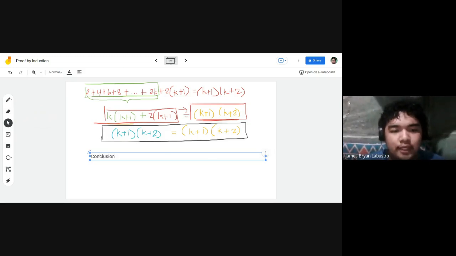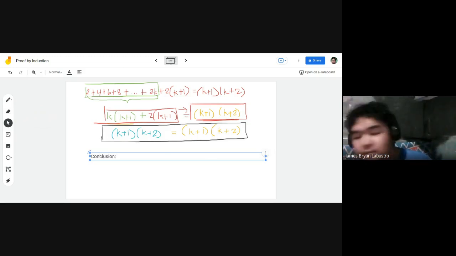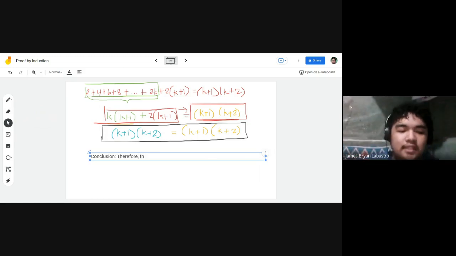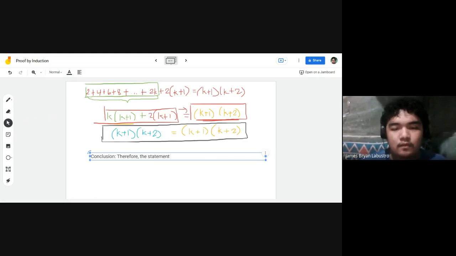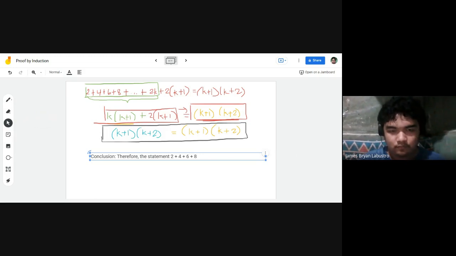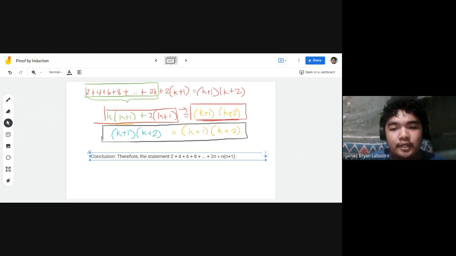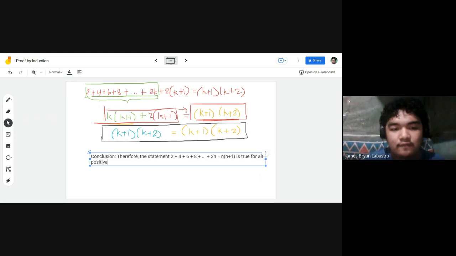So our conclusion is, therefore, the statement 2 plus 4 plus blah blah blah plus 2n equal to n times n plus 1 is true for all positive even integers.